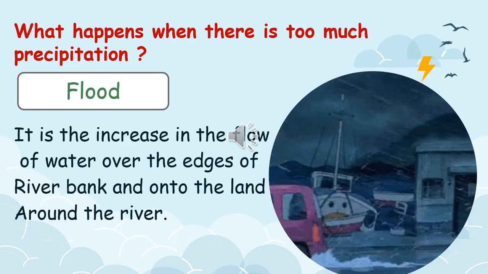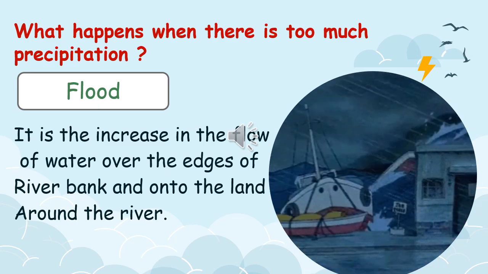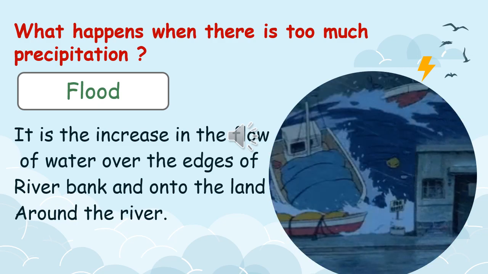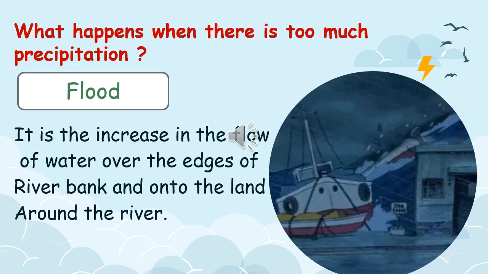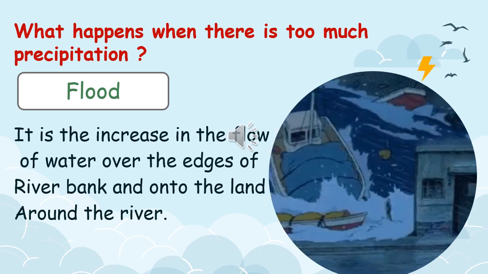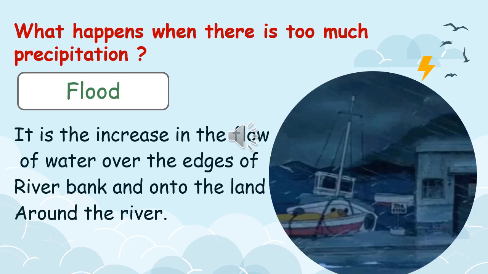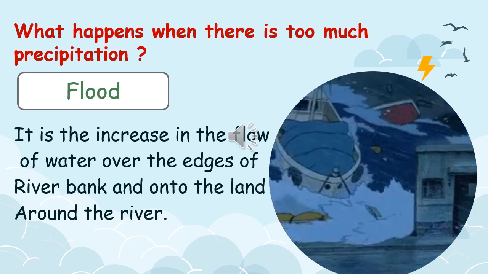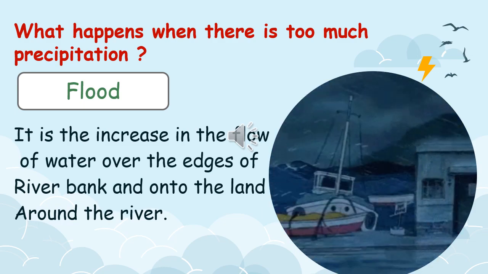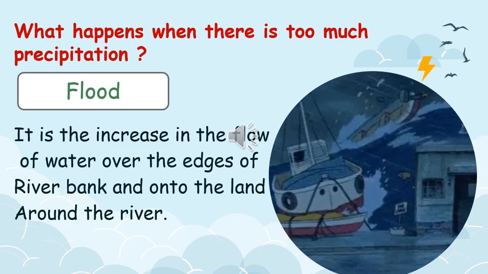Can anyone guess what happens when there is too much precipitation? Super, it causes flood. When the amount of water inside the river increases, it comes out of the river bank and causes flood.